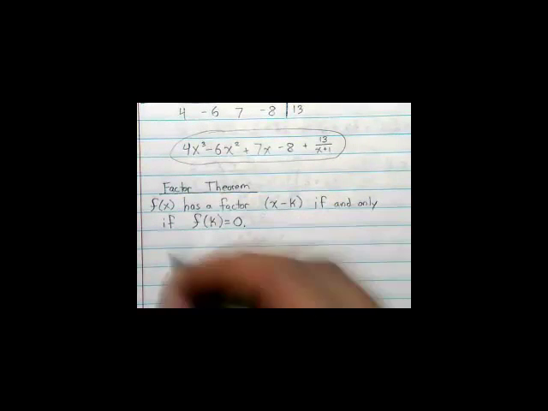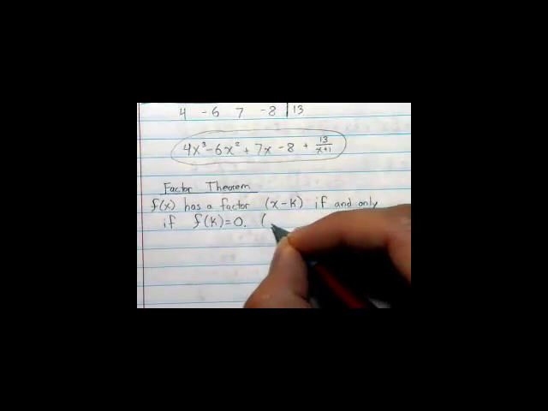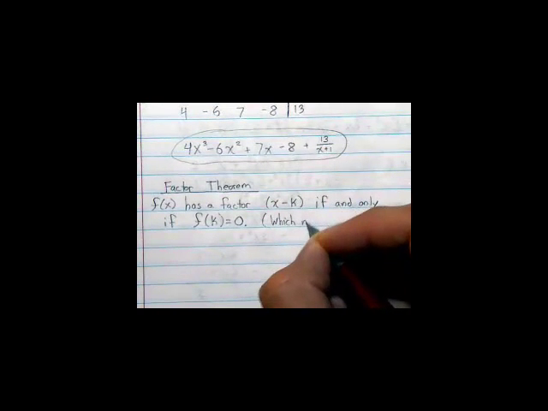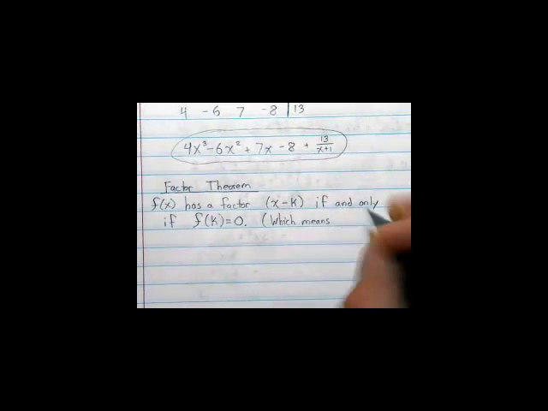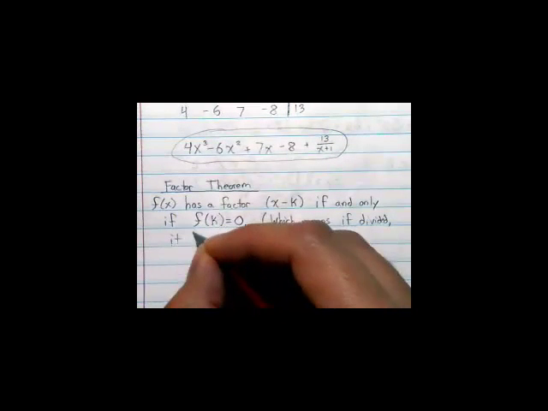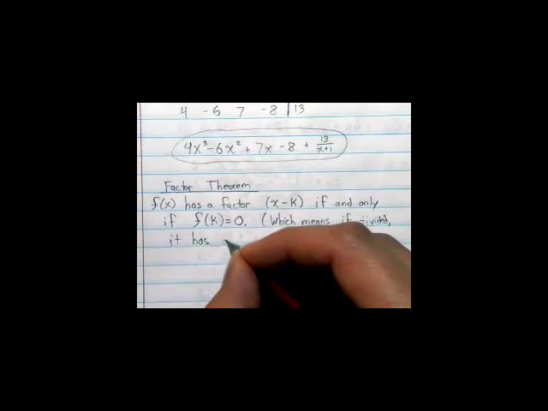Okay, so that's the definition, but I'm going to put in here which means if divided, it has a remainder of 0.